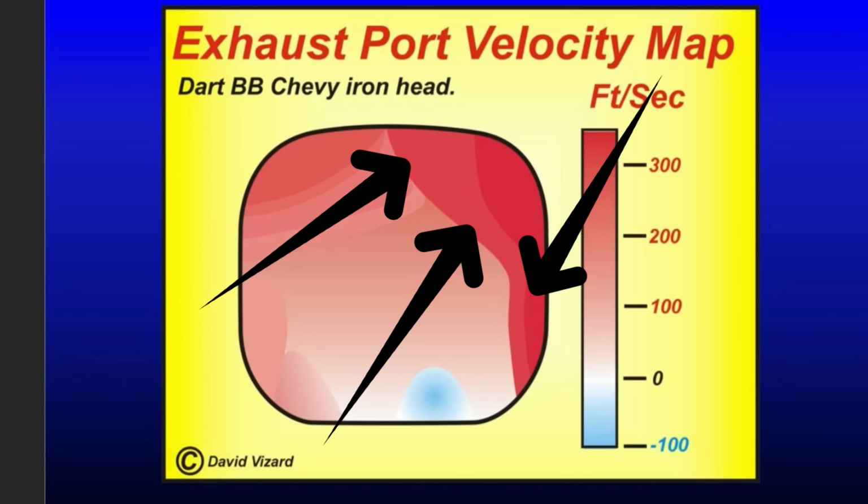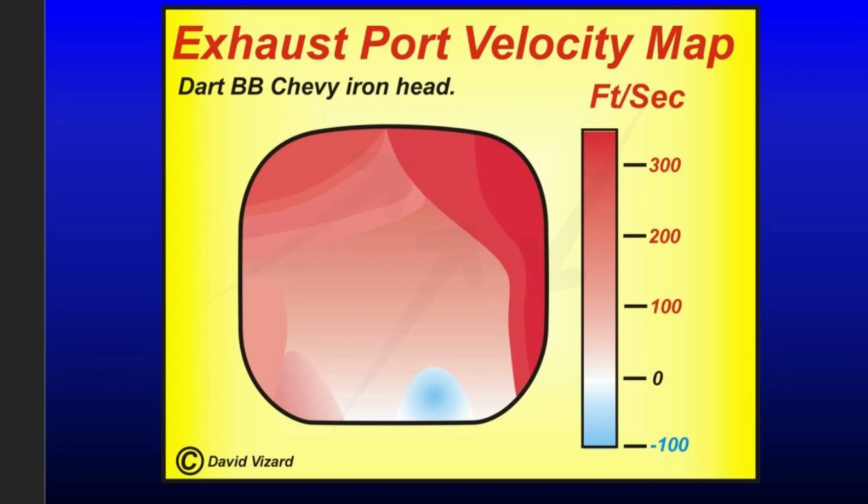What happens with that reversion is that as the exhaust flow slows down due to the piston getting to the bottom of the exhaust stroke, it gets the opportunity to slow down so much that the reversion, which at this lift we've got here, would go in the port and then about halfway down the port turn around and come out, and the stream is going out.